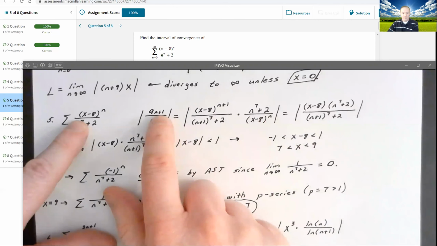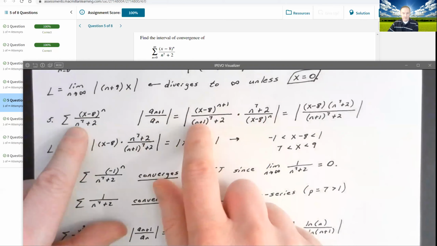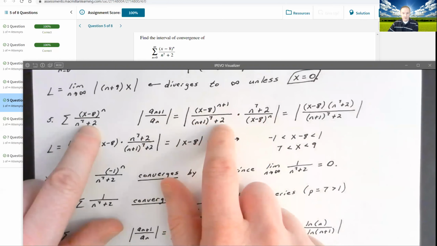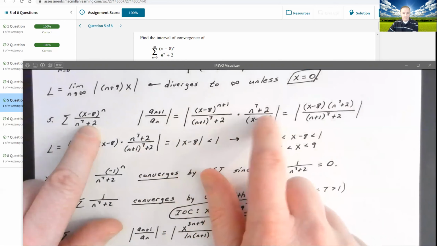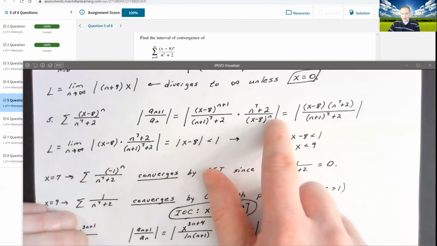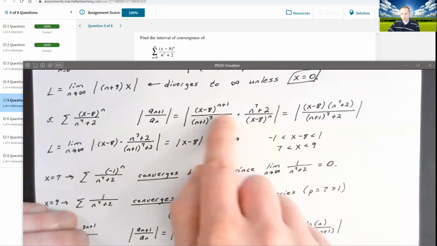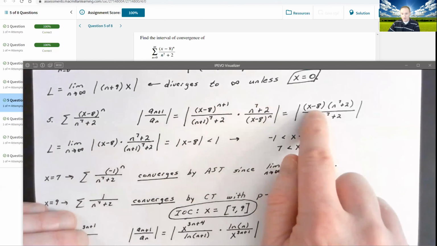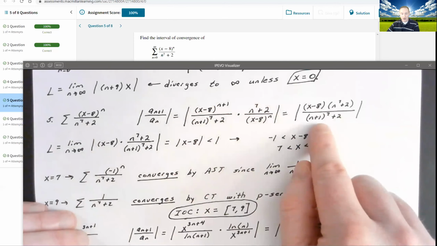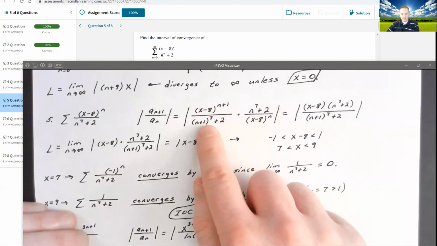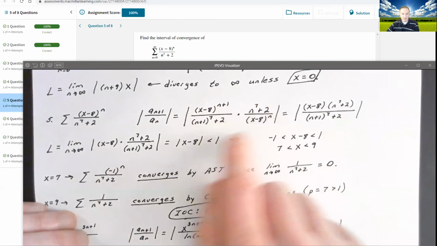A sub n plus 1, it's your series here evaluated at n plus 1, so you have (n plus 1) to the 7th plus 2 in the denominator, times the reciprocal of a sub n, have the n to the 7th plus 2 in the numerator, and (x minus 8) to the nth in the denominator. I know when I reduce this down, I'm going to have one more factor of x minus 8 in the numerator, multiplying that n to the 7th plus 2 over (n plus 1) to the 7th plus 2 in the denominator, and the rest canceled out.